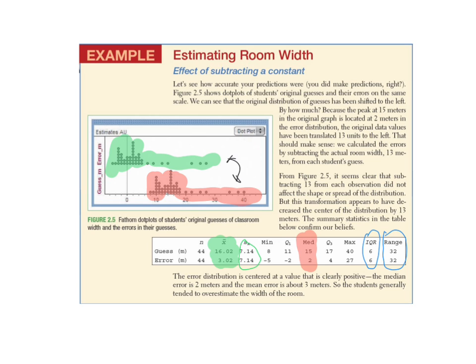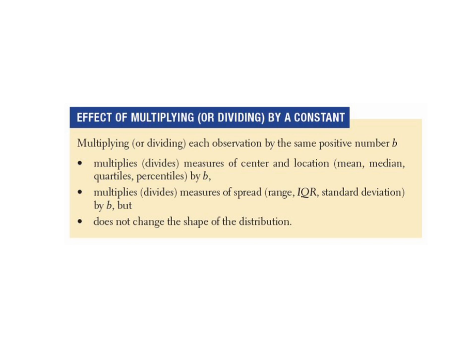Say we multiplied the room by a constant factor. We said, okay, picture this room being 25 times bigger. What's going to happen to it? Well, we're going to multiply the measure of center, location by that factor.